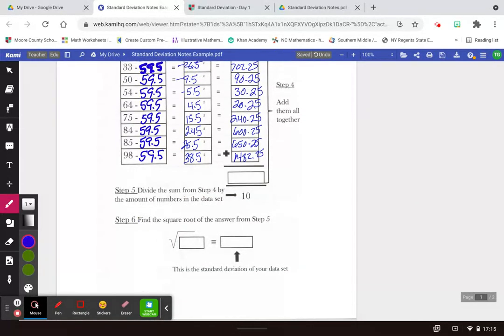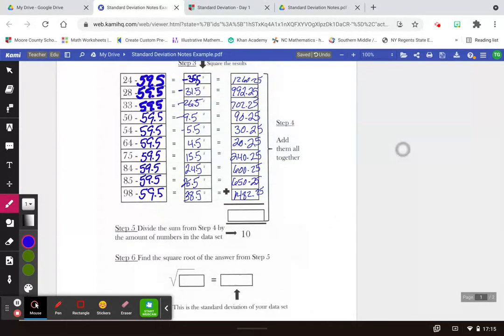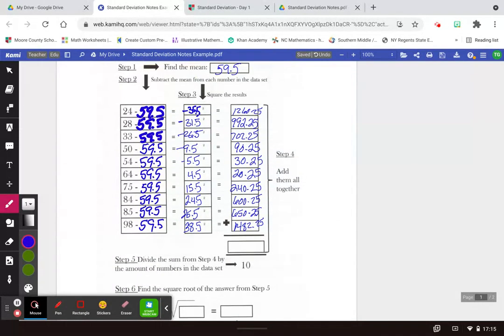All right then. So if you check your work with mine, hopefully your answers match the ones that I have over there in that final column.